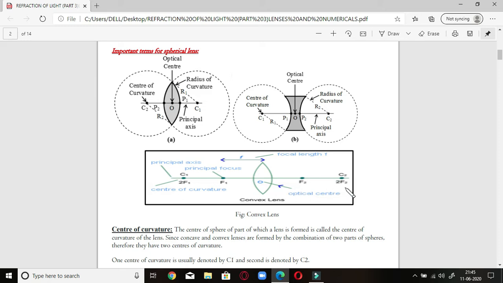Instead of writing it as C2, we write 2F2. So the important terms lying on the principal axis are the optical center, principal focus F1, then 2F1, that is the center of curvature, principal focus F2, and 2F2. Okay, so these are the important terms.